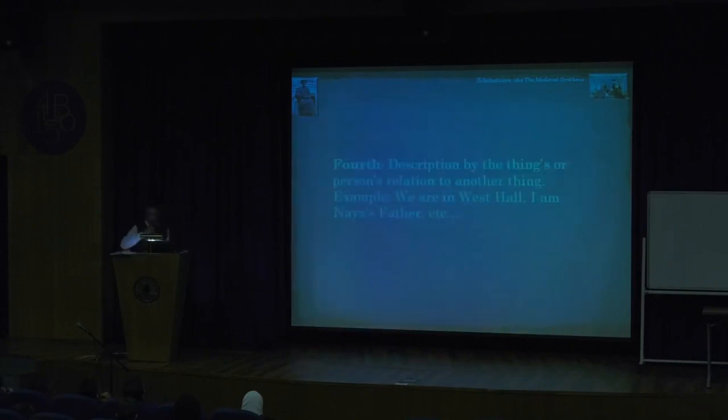Well, the fourth method says you can speak of relations, right? You can speak of relations of space, relations of time, which are also part of the categories, by the way. And again, you can say, well, God is our creator. But again, for Maimonides, this doesn't work, because it's a dependence.